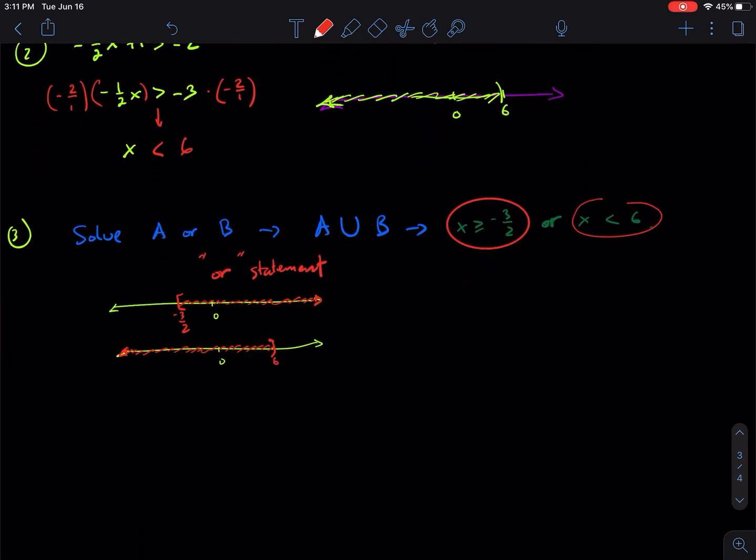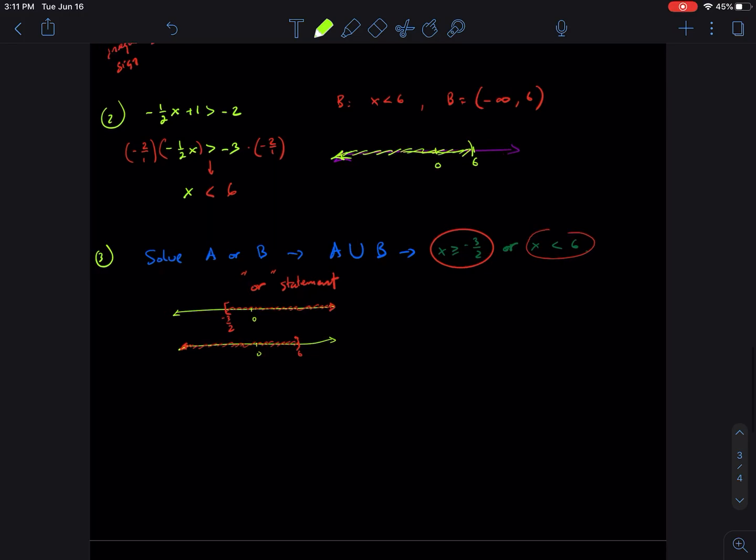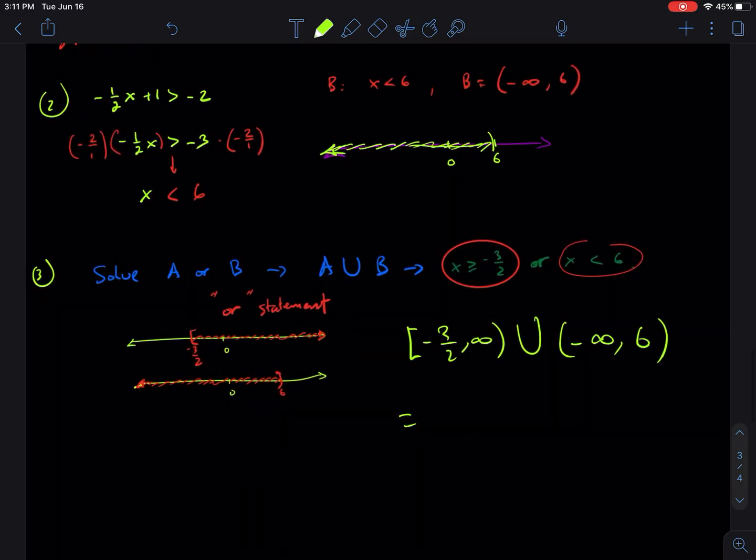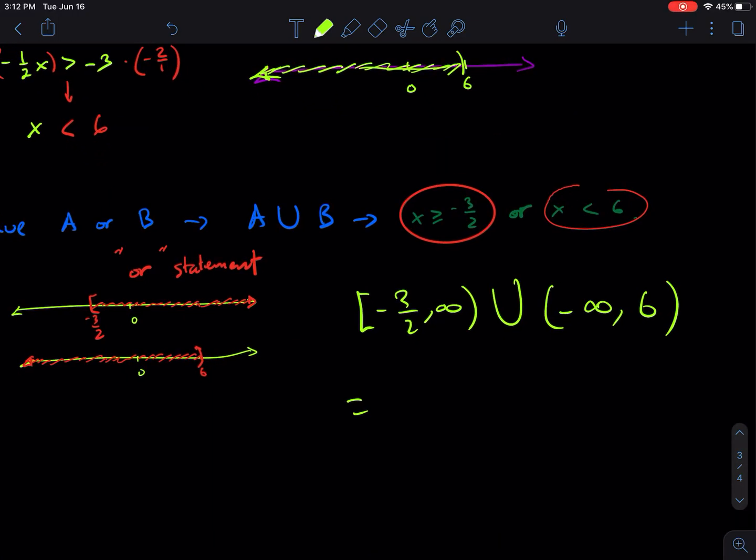Now if we take A, negative 3/2 to infinity, union negative infinity to 6, let's see what that gives us.